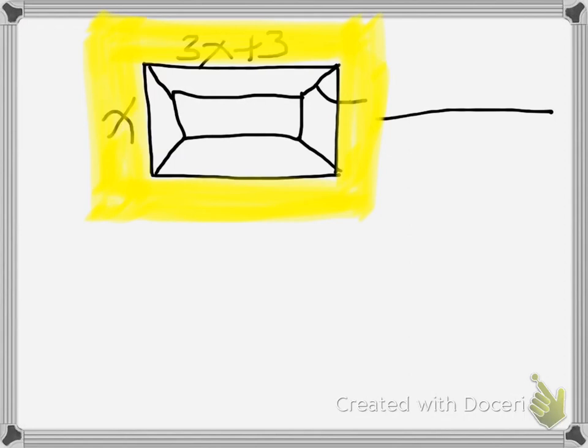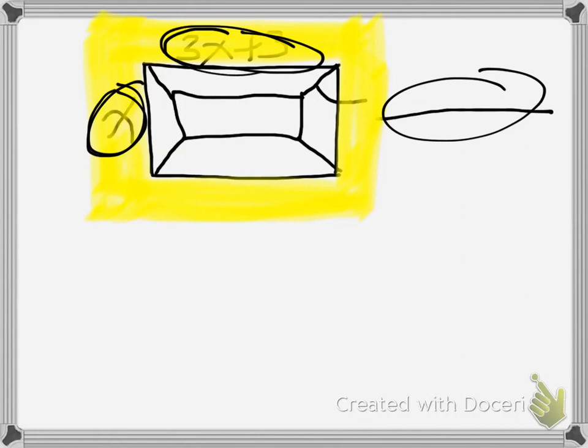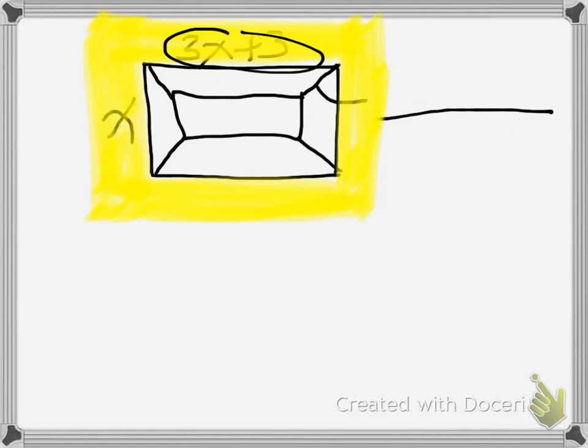So the area of the pool is going to be multiplying 2 of these things together. Either this one times this one, or this one times the one I haven't given you, or this one times that one. You're going to have to decide which one you're going to multiply by in order to get the area that the pool takes up.